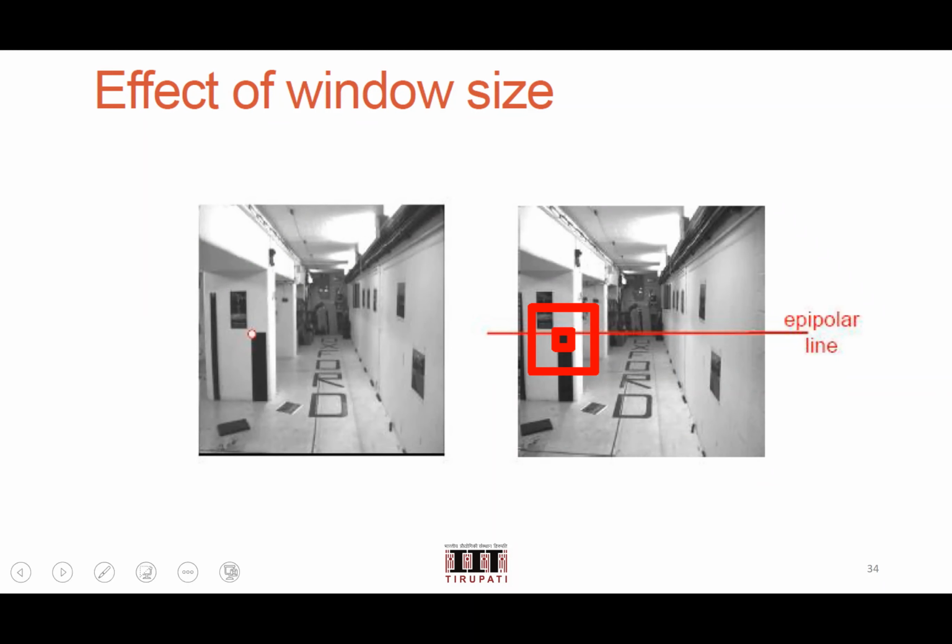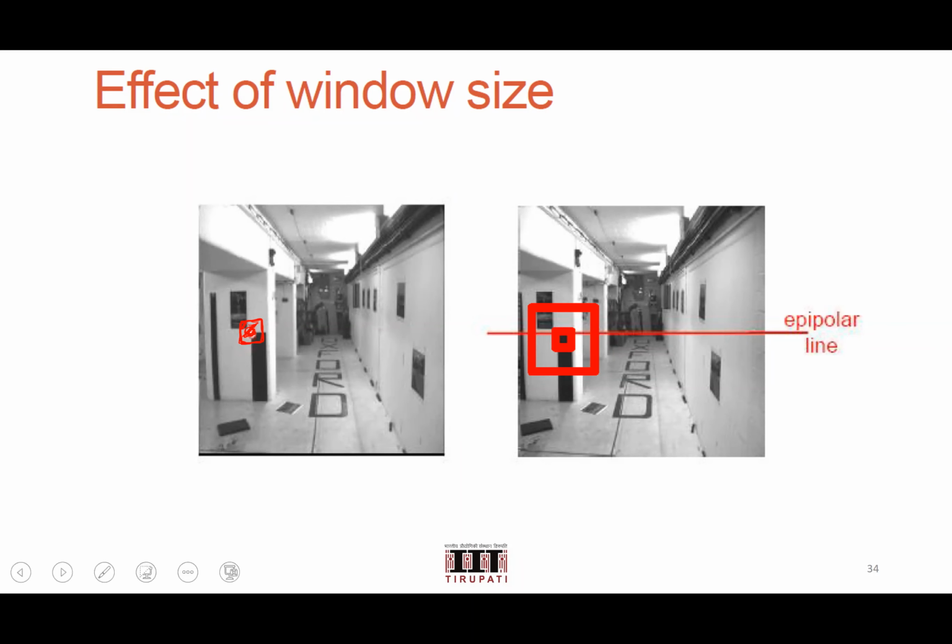If the patch I am considering is able to get some variations, say some black region, some gray region, and the transition in between, then that could find this match. But if I'm considering a very small region around this patch, then of course it would fail, is it not?